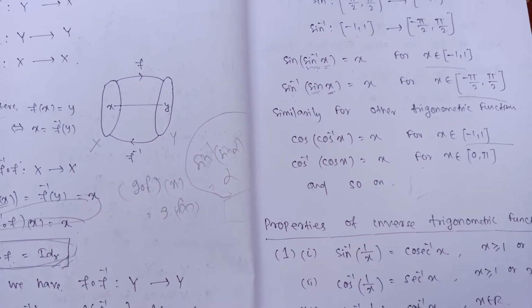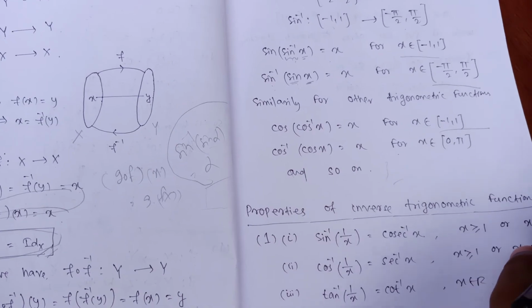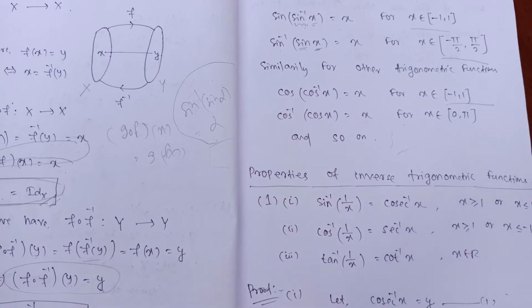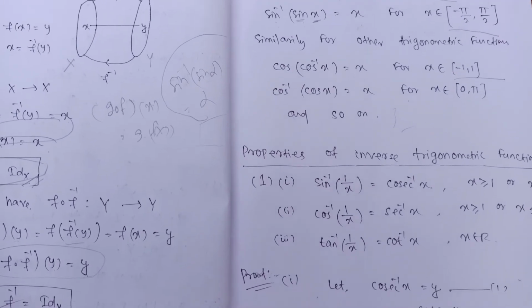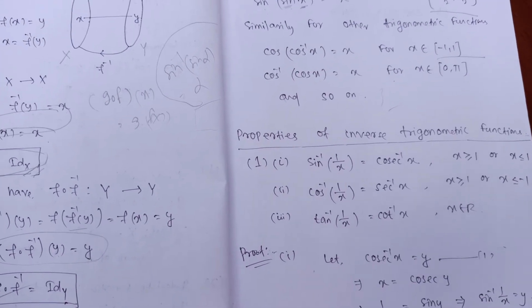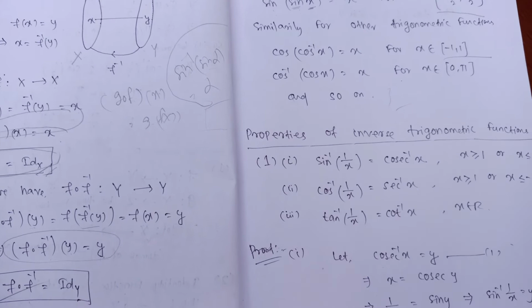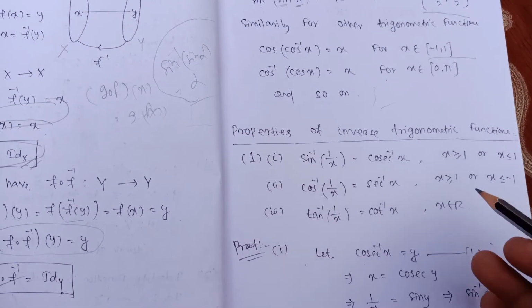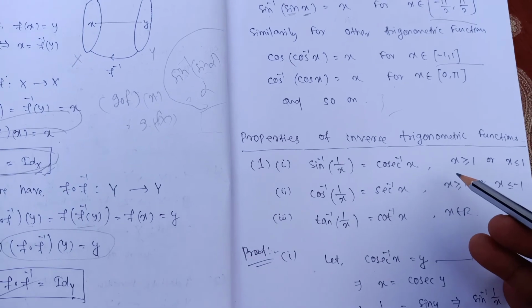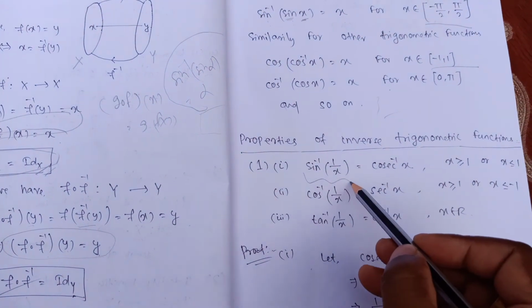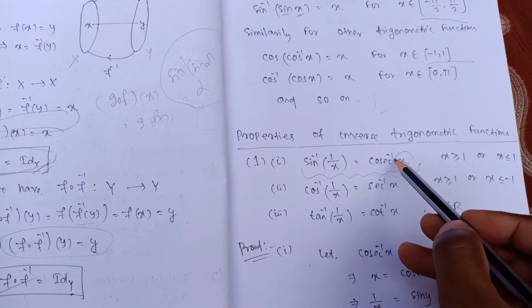Now come to the properties of inverse trigonometric functions. The first one is sine inverse of 1 by x, which will be cosec inverse x. Remember, it is written here x greater than 1 or x less than or equal to minus 1.